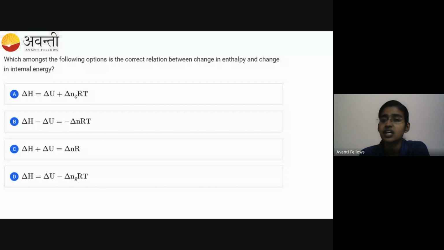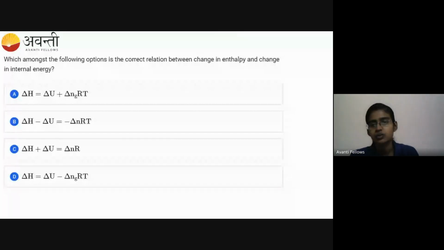If you have listened to yesterday's class carefully, if you have revised yesterday's concept at home, you might have given me the answer by now. It's one of the formulas which relates delta H and delta U. Which option is correct? Try for it and give me the answer. Straightforward relation only.